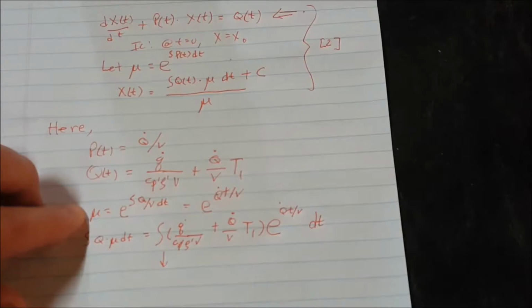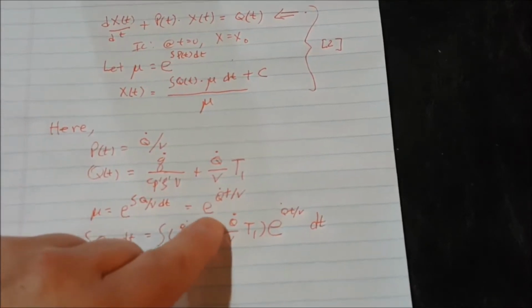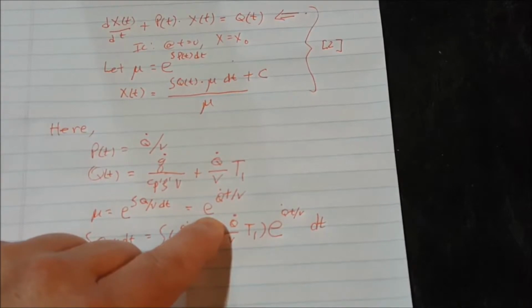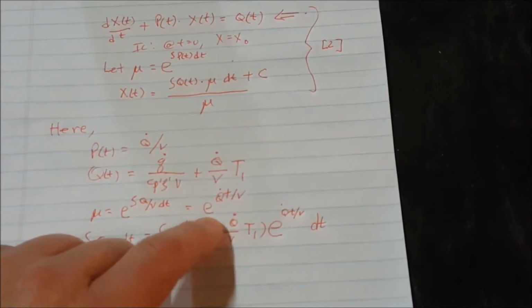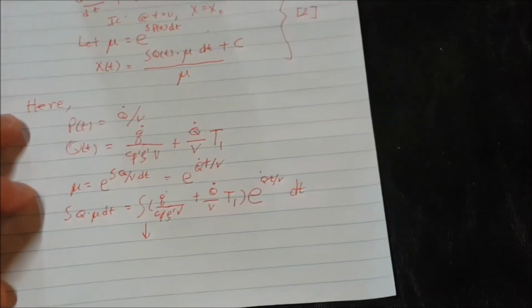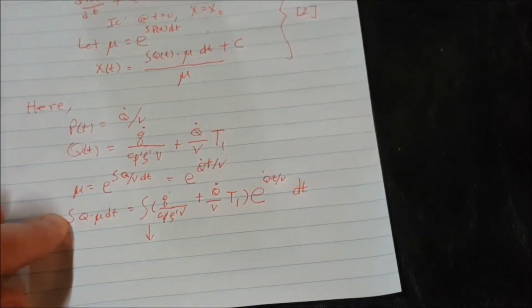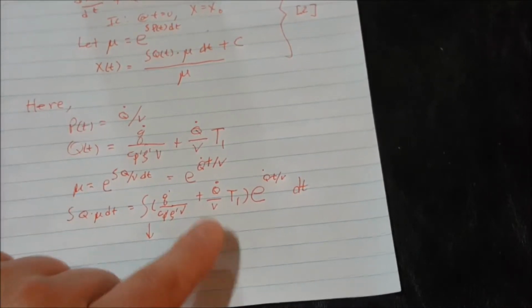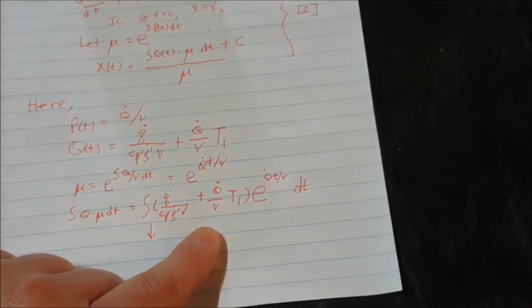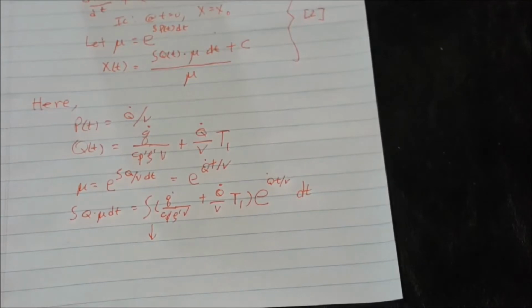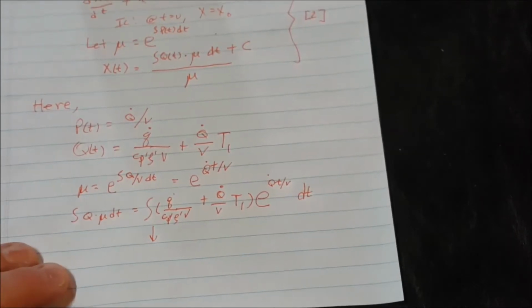My integrating factor is e to the integral of Q over V, where my Q over V term is constant, and so that's my result of the integration. Then the integral of Q times mu dt works out to this expression, which we now need to integrate.